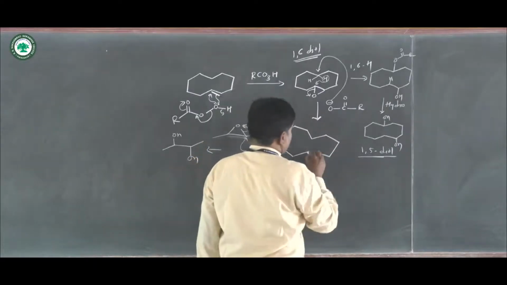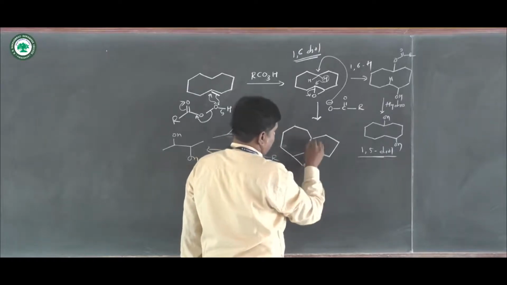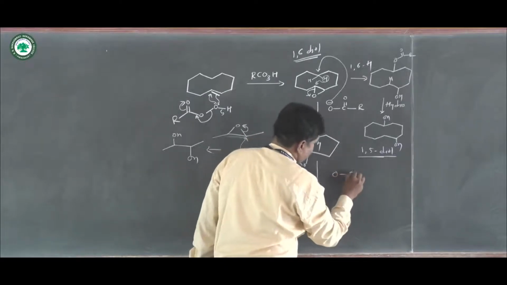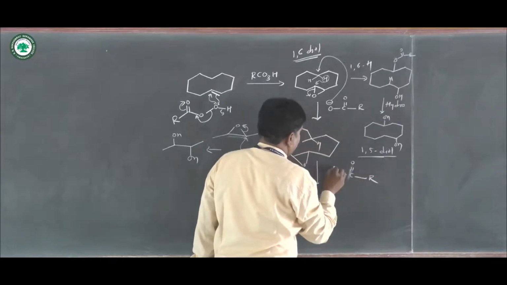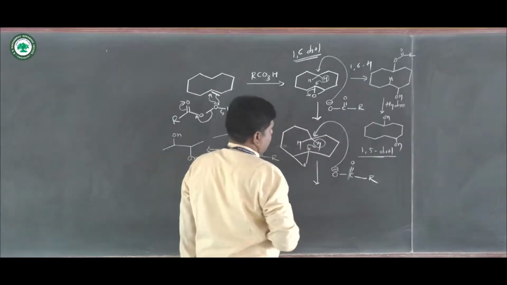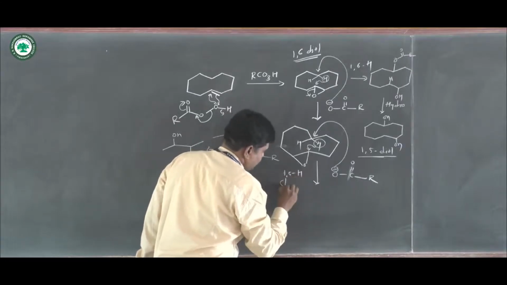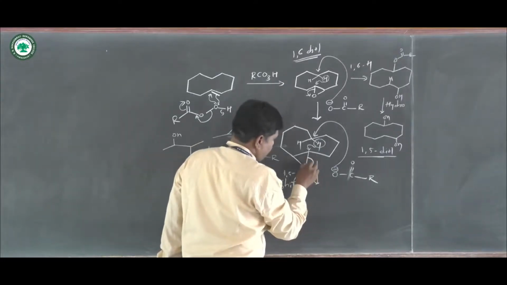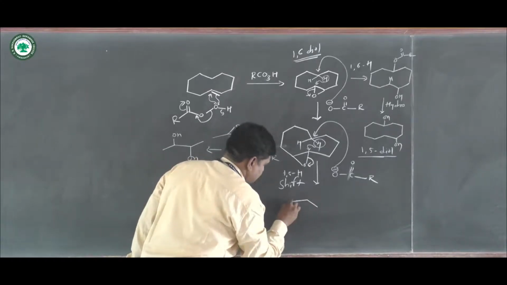Here the epoxide is shown, and these two protons are present, and now this proton will attack this carbon atom, so the 1,5 H shift occurs, and now this epoxide ring will open from this side and we get a product like this.